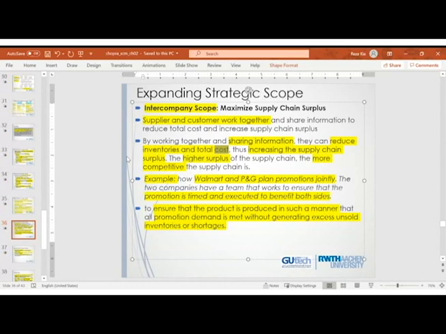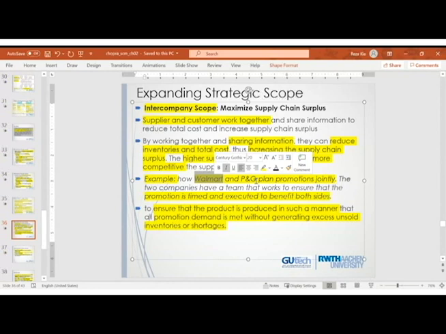And the one example that I mentioned here is the coordination between Walmart and P&G plant. So P&G is the producer and supplier, and Walmart is the retailer. They are coordinating their promotion plan.